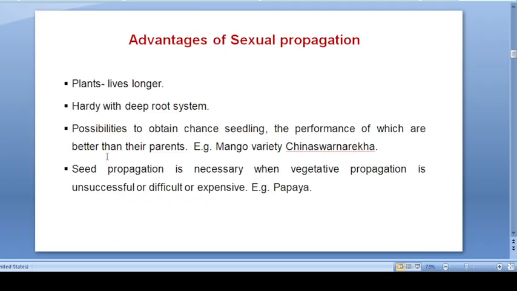Most of the vegetables, nearly 95% of the vegetables, are propagated through the seeds. Apart from this, there are some vegetables where both seed propagation as well as vegetative propagation is used, and some vegetables we have to propagate only through the seeds.